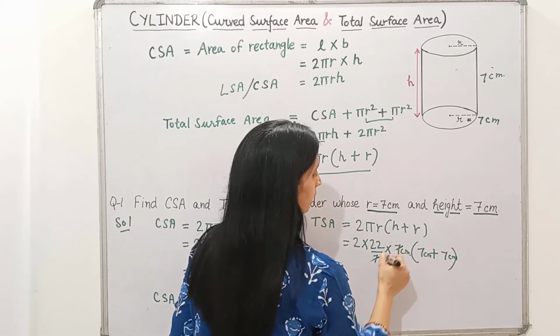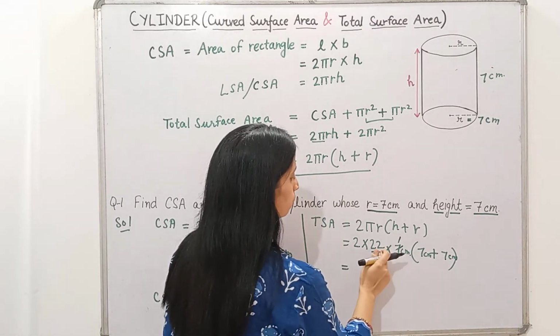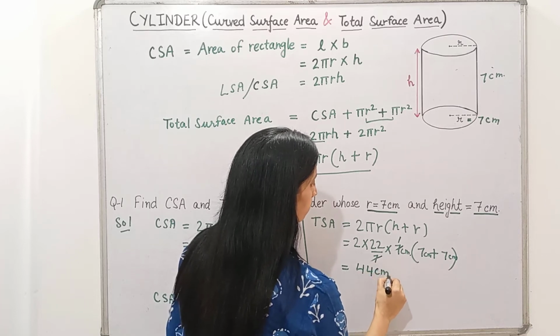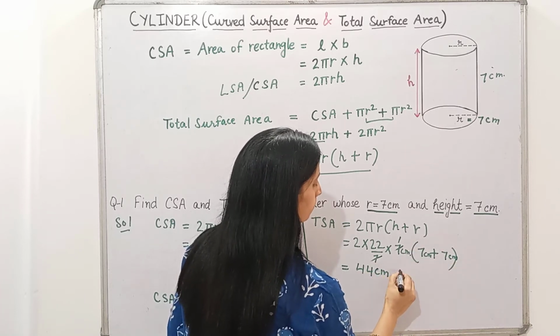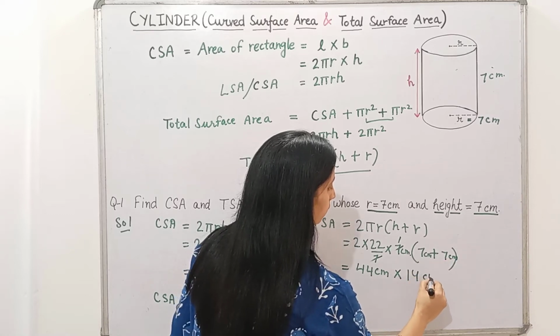Now this 7 cancels this 7. We are left with 1 only. So 22 2s are 44 centimeter. This bracket means the sign of multiplication will come. 7 plus 7 is 14 centimeter.